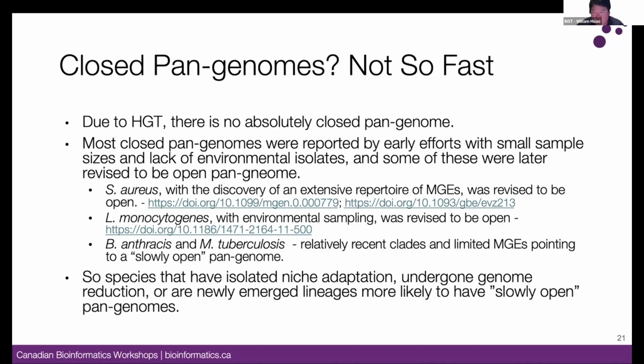So they get cautionarily renamed or slowly open pangenomes. So in short, species that have isolated niche adaptation, that have undergone genome reductions, or are newly emerged lineages are more likely to have these sorts of closed or slowly open pangenomes.